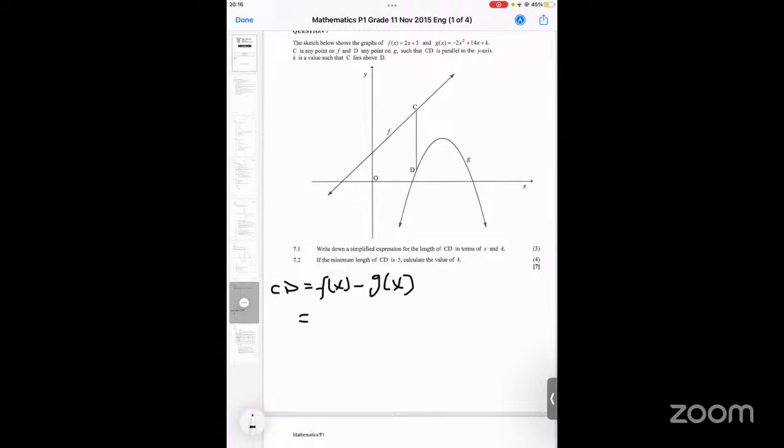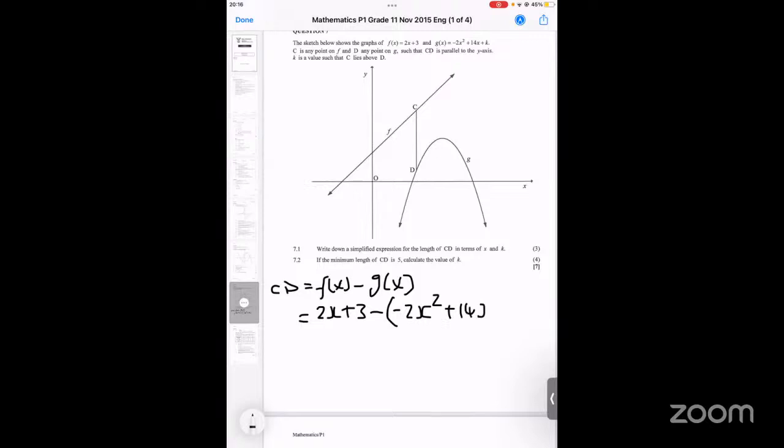You're going to write 2x plus 3, the equation of f(x), minus, bracket, the equation of g(x). Okay, that's very, very good.